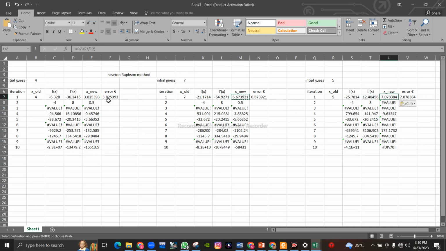Then for your error, the error change, absolute value of this should be this, which is E7 minus B7. E7 minus B7. So it's still B7. So we have that.